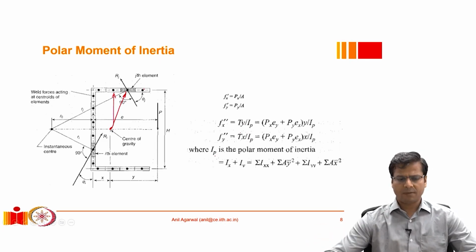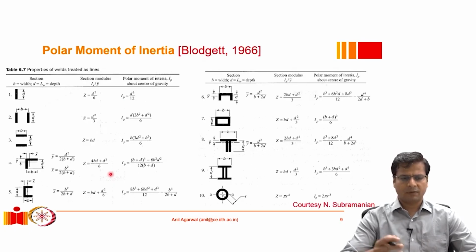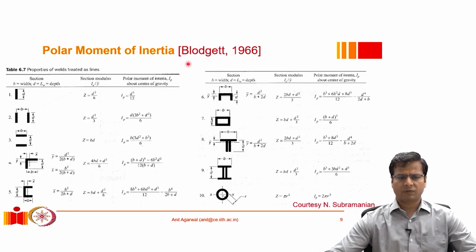The calculation of IP may not always be very straightforward. Sometimes, depending on the geometry, it can be slightly complex. We have to calculate Ix and Iy. So we can calculate it ourselves, but also there are some guides available to us. There is this table which was developed by this author in 1966. I have taken this table from the textbook, that is Dr. N. Subramanian's book.